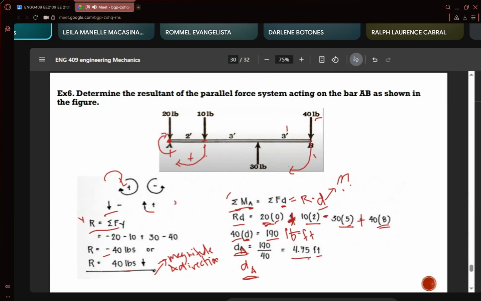So 4.75 from A is almost at 5, so somewhere around here. So this is your resultant going downward. This is your resultant, with the position of 4.75 from A and going downward.